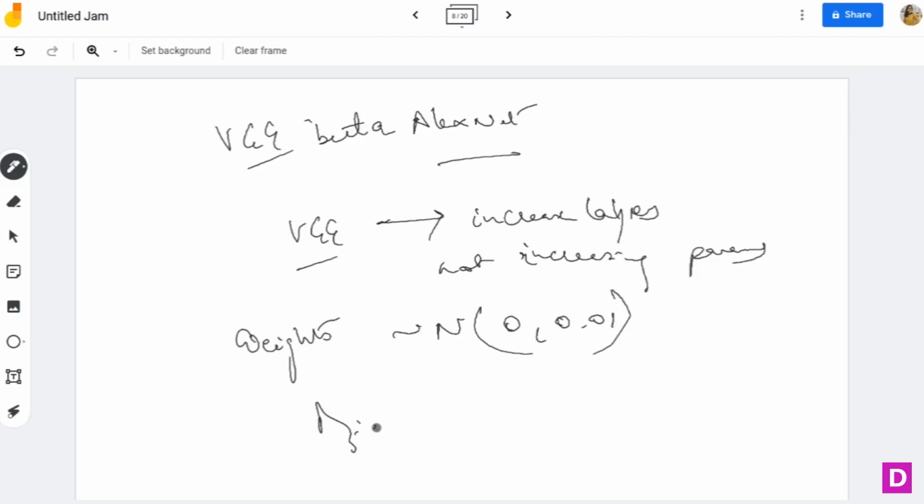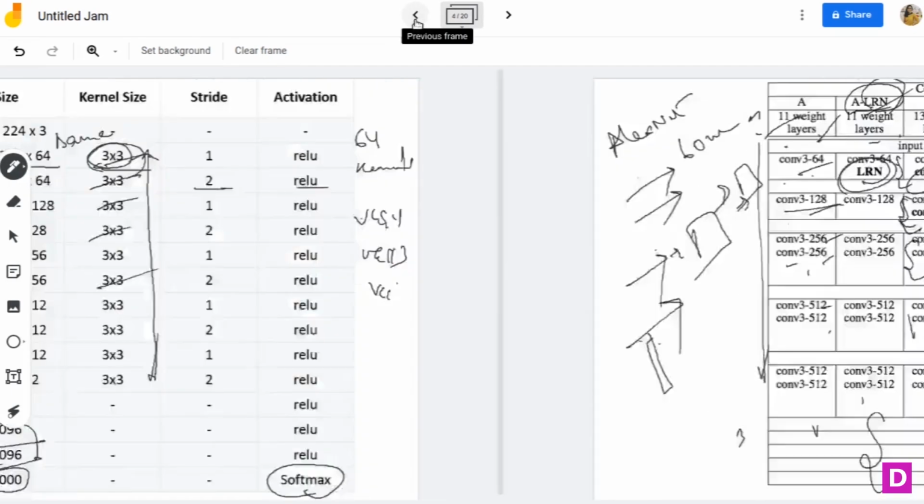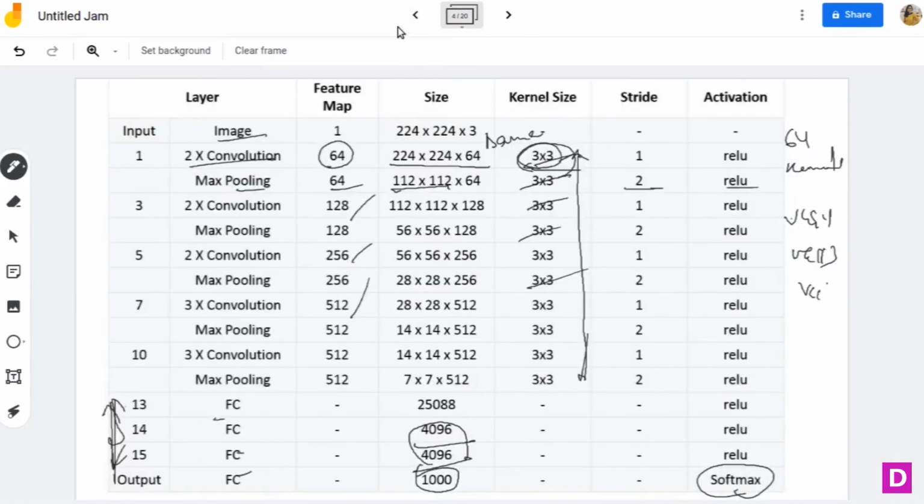The biases, they were all set to 0. They were set to 0, but obviously with training they change. But this was the initial way how they have set. So this is the whole thing about VGG16.